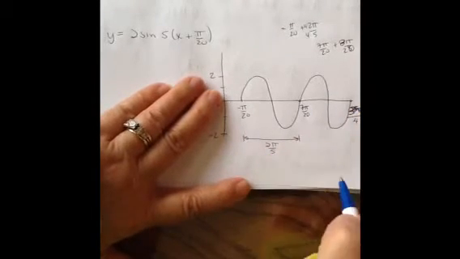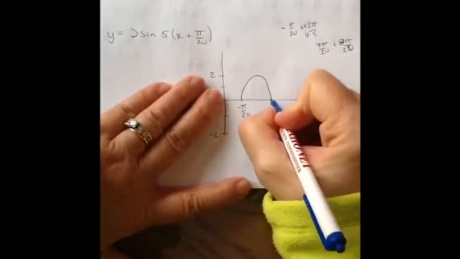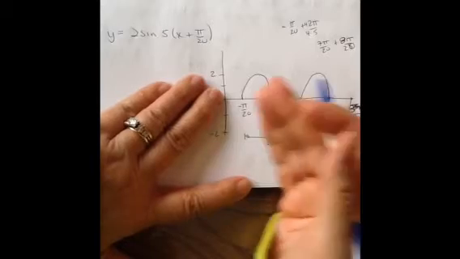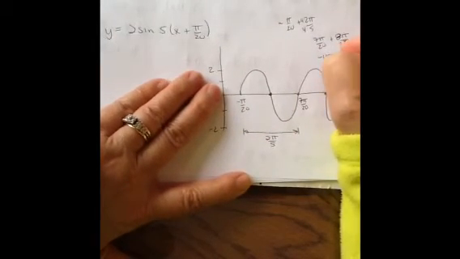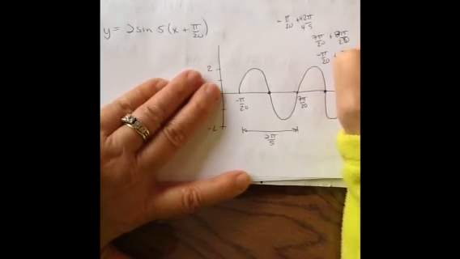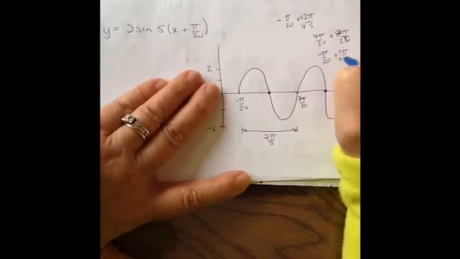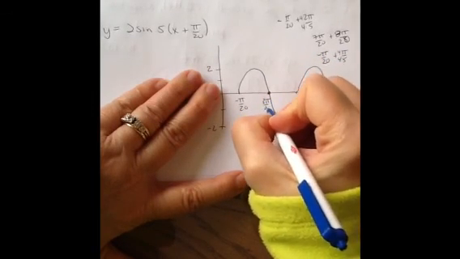And halfway between these two is just going to be pi over 5. So if I need to know these points as well, I can find them because it is halfway between. So if I take negative pi over 20 and I add pi over 5, I'm going to get 3 pi over 20.